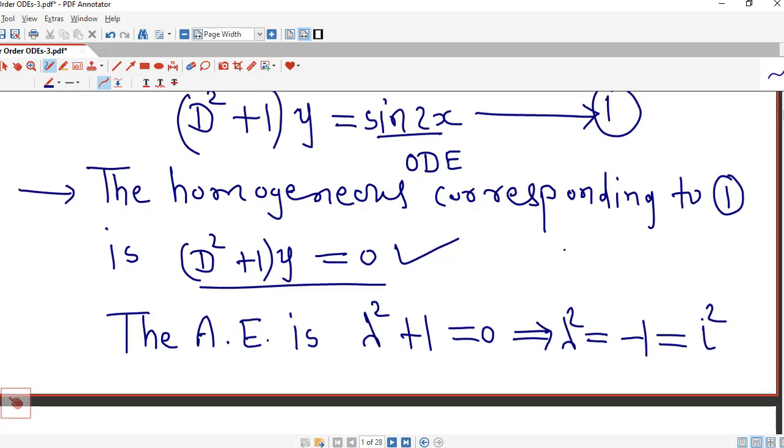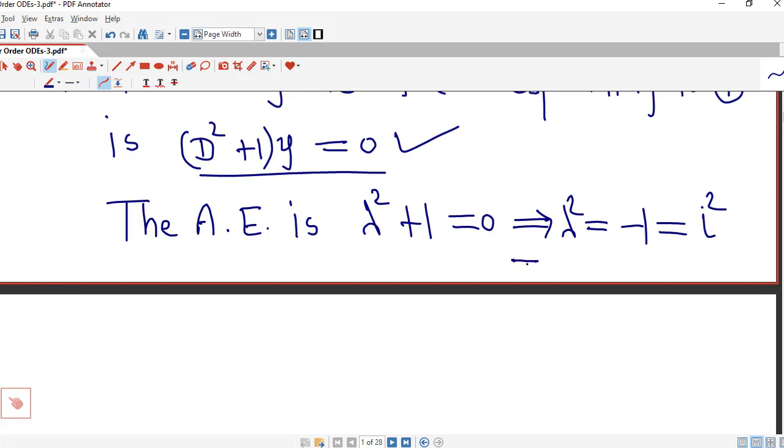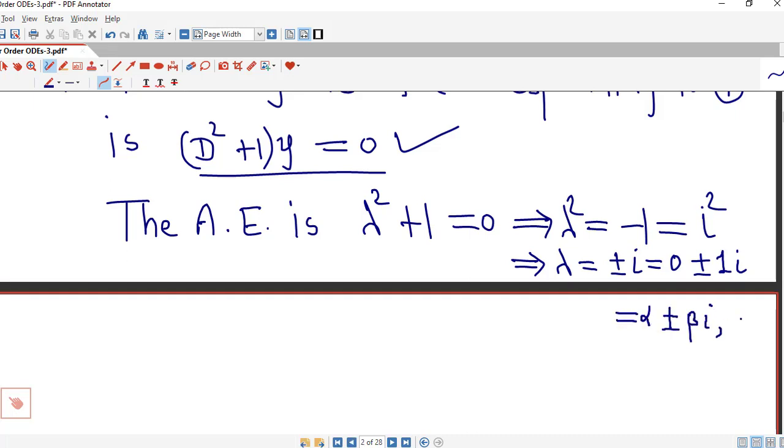Minus 1 we can rewrite as i square. So we have lambda equal to plus or minus i. That is, we have a pair of complex roots, and comparing with alpha plus or minus beta i, we have alpha equal to 0 and beta equal to 1.